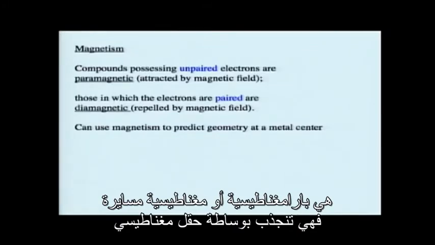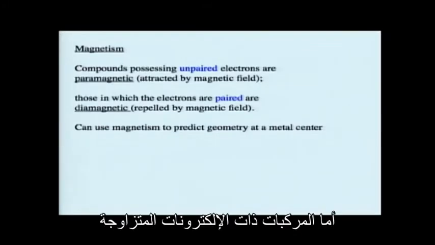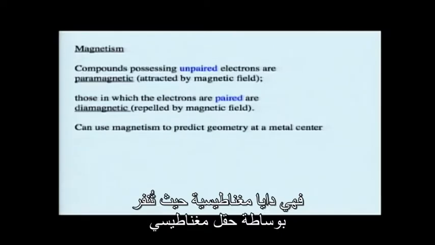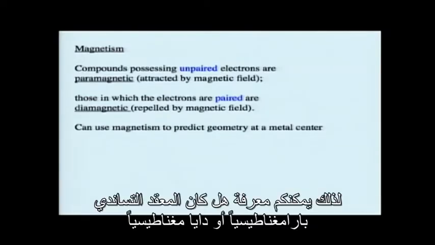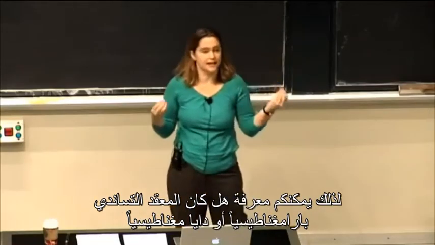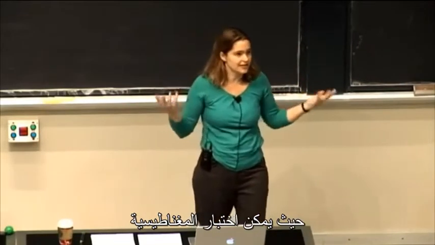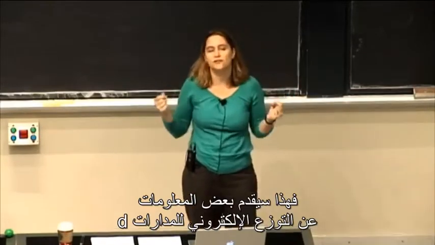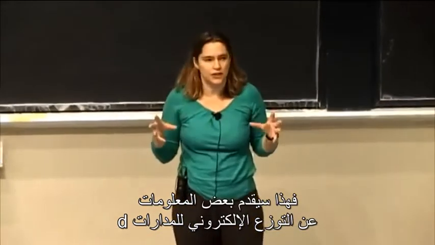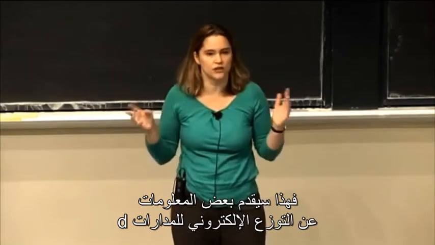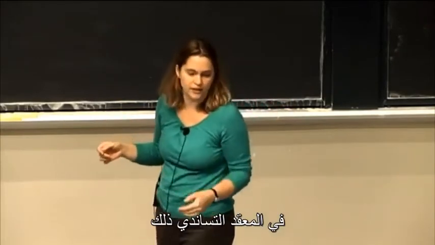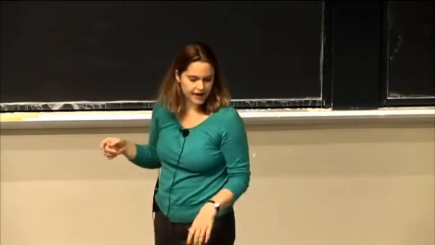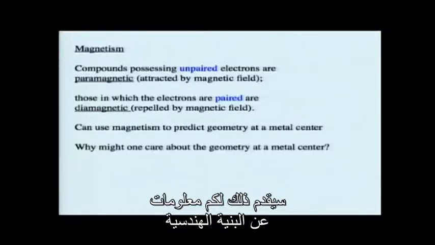They're attracted by a magnetic field. And those where the electrons are paired are diamagnetic, or repelled by a magnetic field. So you can tell whether a coordination complex is paramagnetic or diamagnetic. You can test the magnetism, and that'll give you some information about the electron configuration of the d orbitals in that coordination complex. And that can tell you about the geometry.